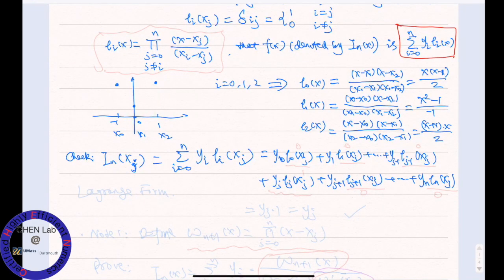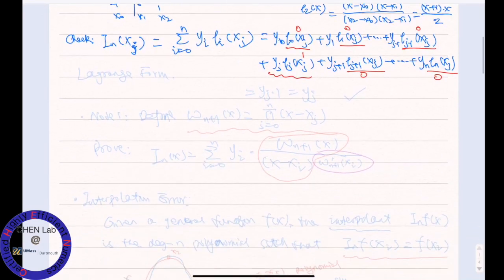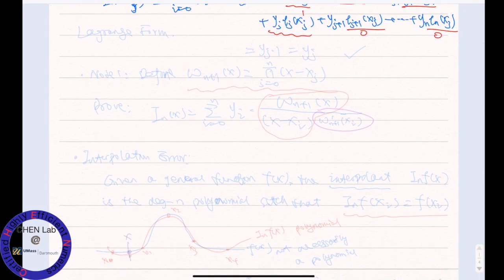So the only term that survives is this guy. That's 1, and all the rest are 0, 0, 0, right? All these guys. Because this function evaluated at the corresponding number, xj, is 1, otherwise it's 0.